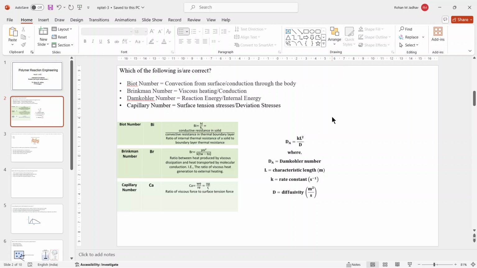Now, the definition does not match that, and the capillary number is basically used for immiscible liquids or any places where an interface forms, since the capillary effect is observed. So that's why the ratio of viscous force to surface tension is the correct answer for this, and surface tension by deviation stresses is not the correct definition. So you can see right here.